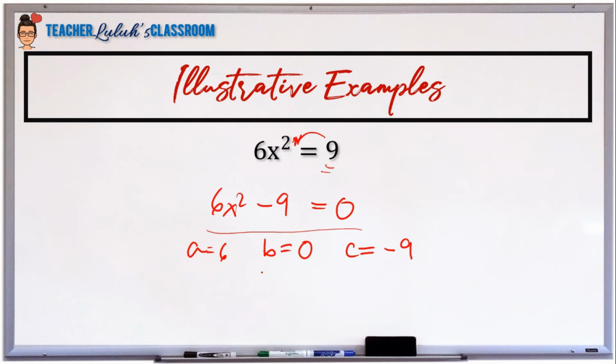Okay, missing lang si linear term or yung kasama ni x. Okay? Si constant din, pwede siyang mawala. Walang constant term. So, ibig sabihin naman nun, C is 0. Okay? So, we have 6x squared minus 9 equals 0. A is 6, B is 0, C is negative 9.